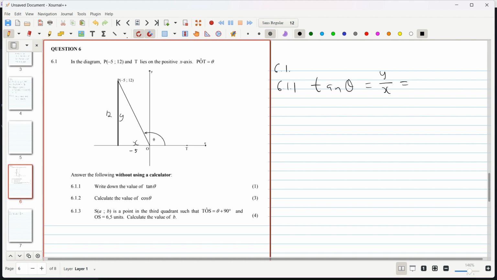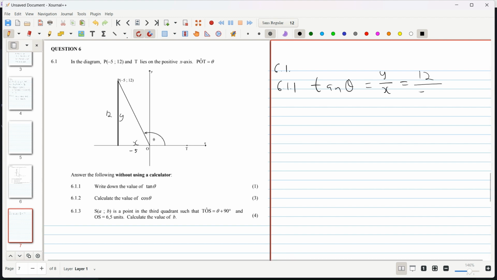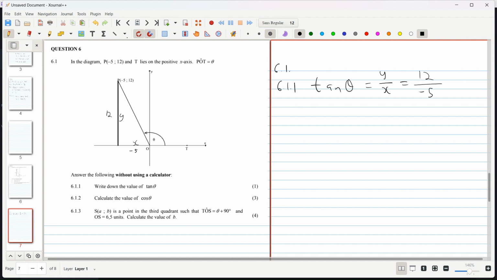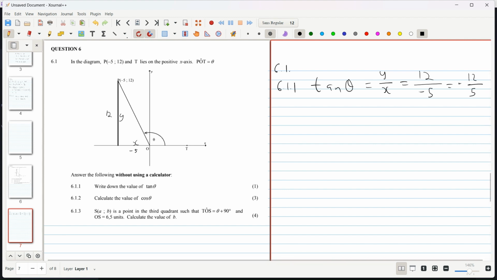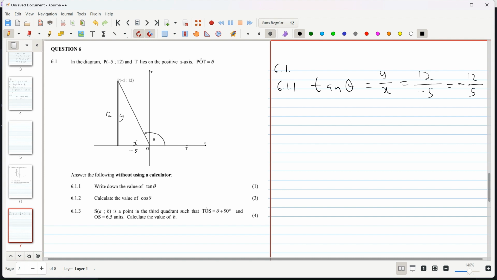Our y value here is 12, and our x value is -5. So we have -12 divided by 5. That's our tan theta.